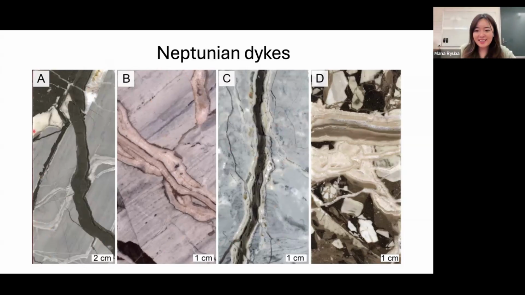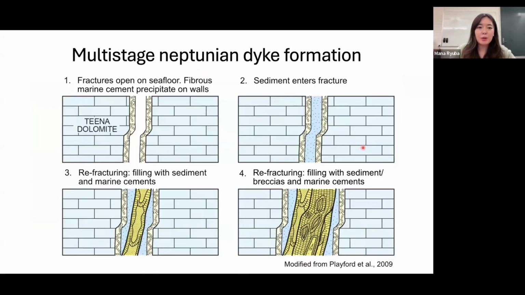So you can see that there are some really interesting textures here again, and you can get a sort of timing relationship for the different Neptunian dike phases. You can see this white cemented Neptunian dike being cross-cut by this sediment one, and you can get really complicated features, which shows that we have a multi-stage Neptunian dike formation happening.